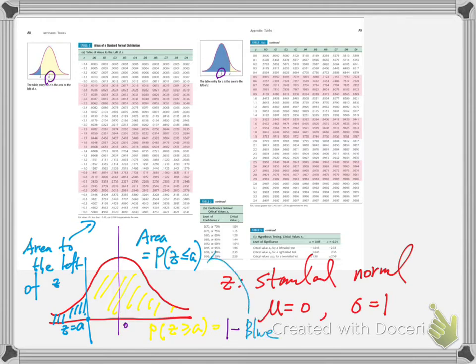The blue area is the less-than area, which is in table 3. So that's the meaning of the picture on this table.